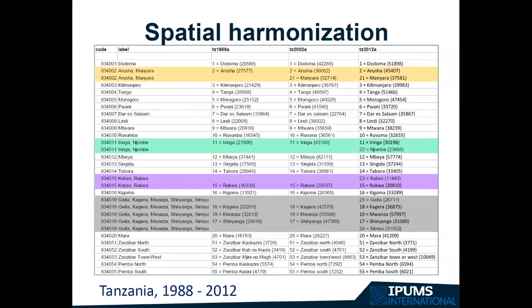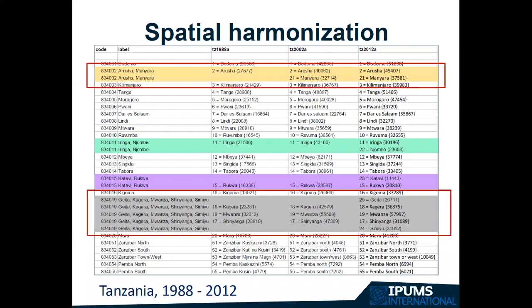Now we are back to the same table and we look at the data with the help of a map. You can see Arusha and Mainara are combined into one big spatial unit. Here, all five units, Gita, Kagera, Mwanza, Shinyanga, and Simiyu, are combined into one single unit, which is stable through time, so that the spatial footprint of your analysis does not change when you are studying change across the three census years.